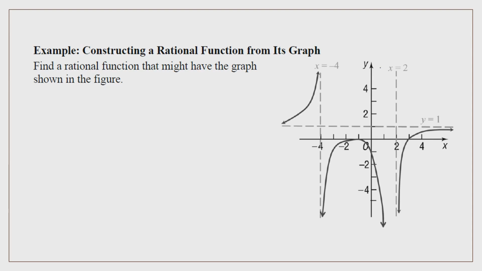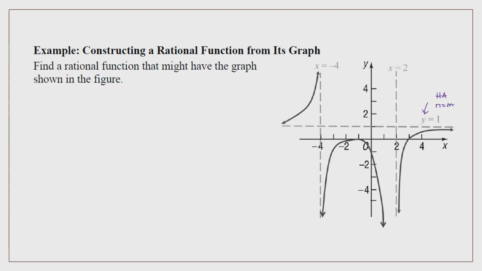Okay, well, we have a horizontal asymptote right here, and that's y equals 1. Okay, so this is a horizontal asymptote. Since we have a horizontal asymptote, we know that n is going to equal m.